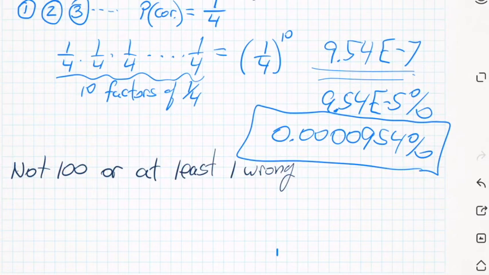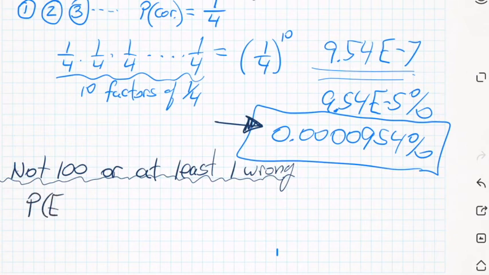Now, from the beginning, we were talking about complements, and this is where they come in handy. This is the probability of getting them all correct. So the complement of all correct is at least one wrong or not getting 100. So then the probability of this event, its complement, is going to equal 1 minus the probability of the event I found.